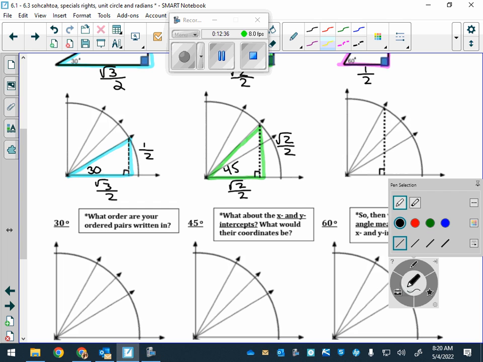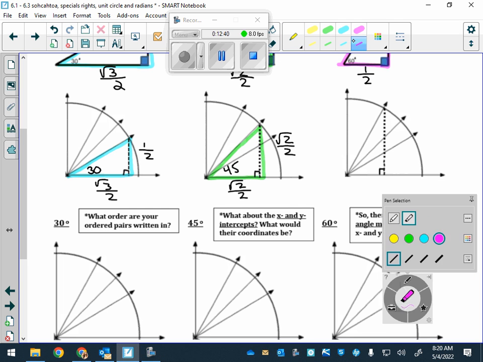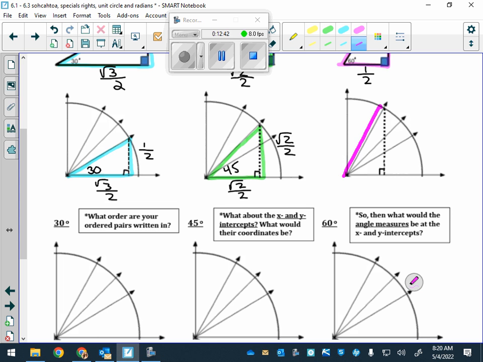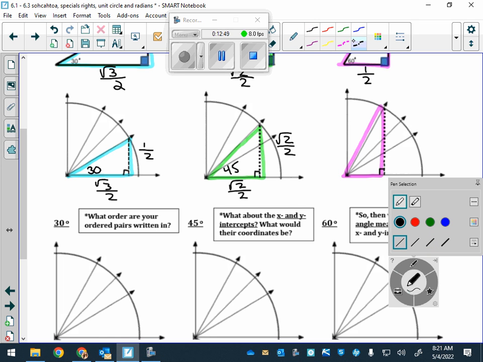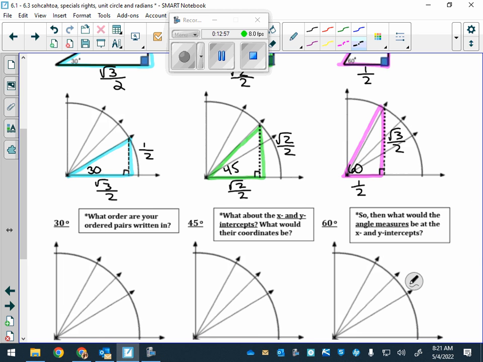Now we're going to do the same thing for 60. Okay, everyone good? So what we just did is took above and now put it on the circle.